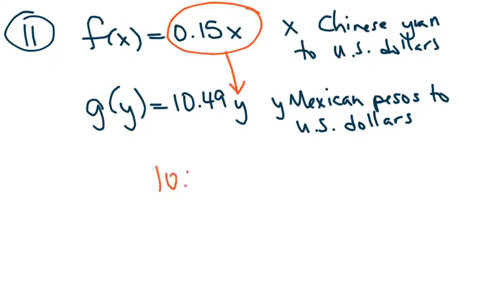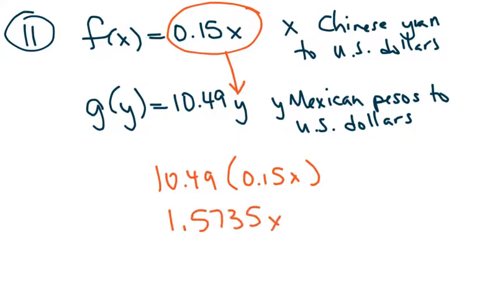So it's going to be 10.49 times 0.15x. And then you just multiply the 10.49 times 0.15. 10.49 times 0.15 is 1.5735. So 1.5735x is going to be the equation that will give us the Mexican pesos equivalent to x Chinese yuan.